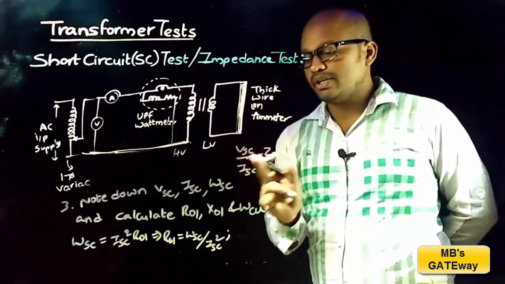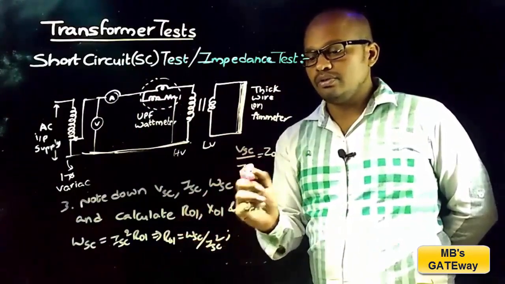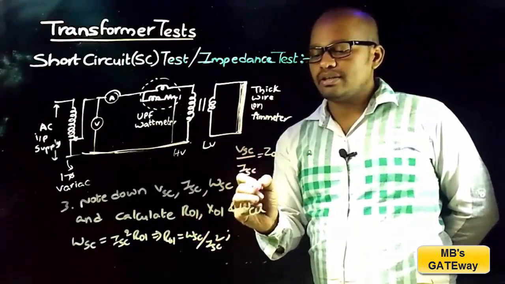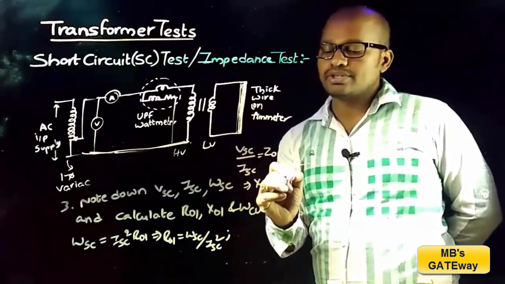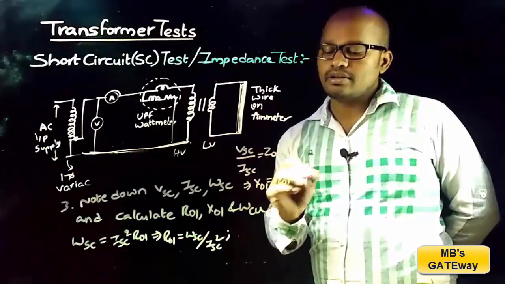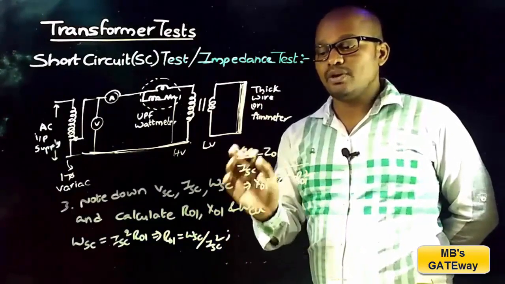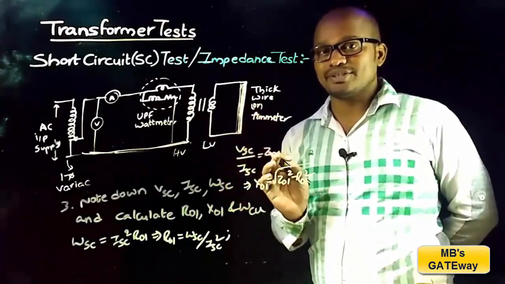As here Z01 and R01 are known, we can find X01, which is equal to root over Z01 square minus R01 square. Now let's see how to find the copper loss of the transformer.